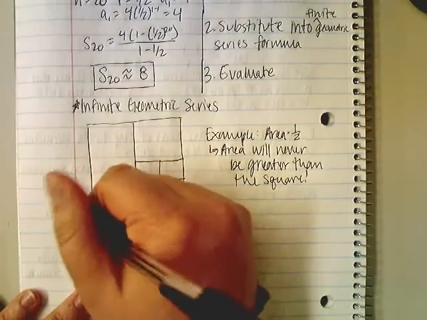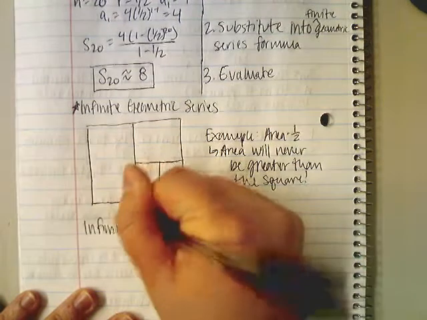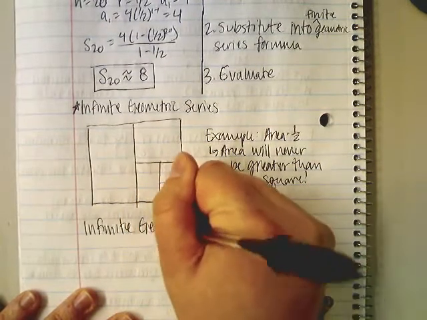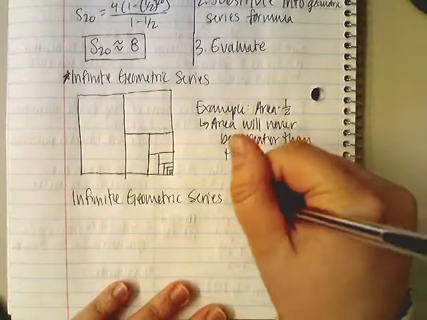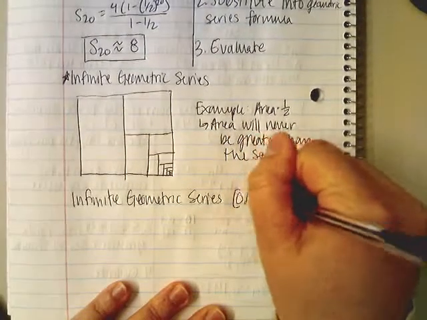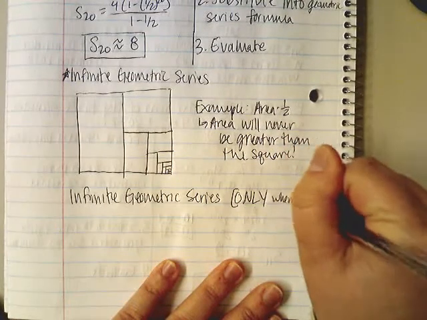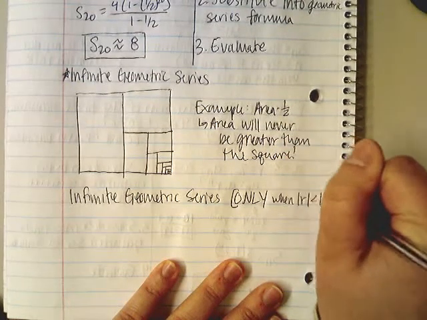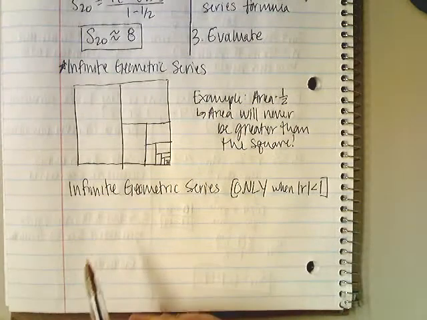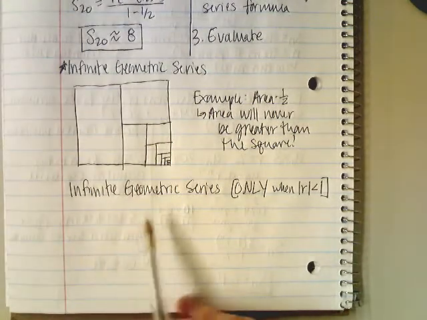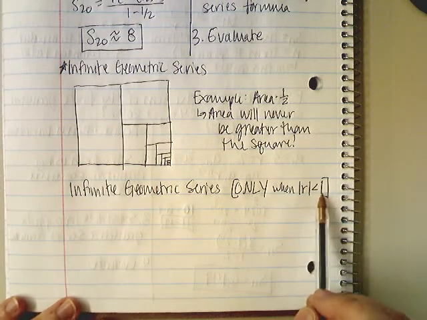So the formula is going to be, first of all, you can only use this when the absolute value of R is less than 1. So you cannot find the sum of an infinite geometric series if the absolute value of R is more than 1.